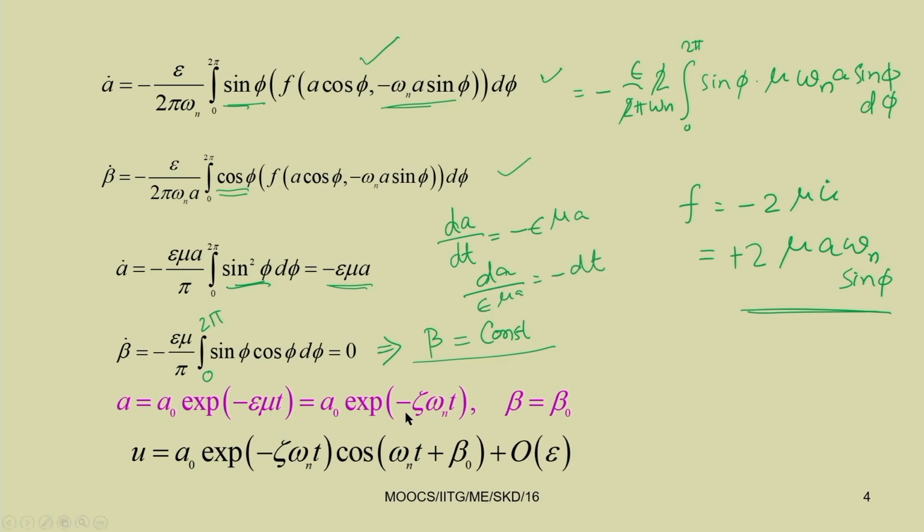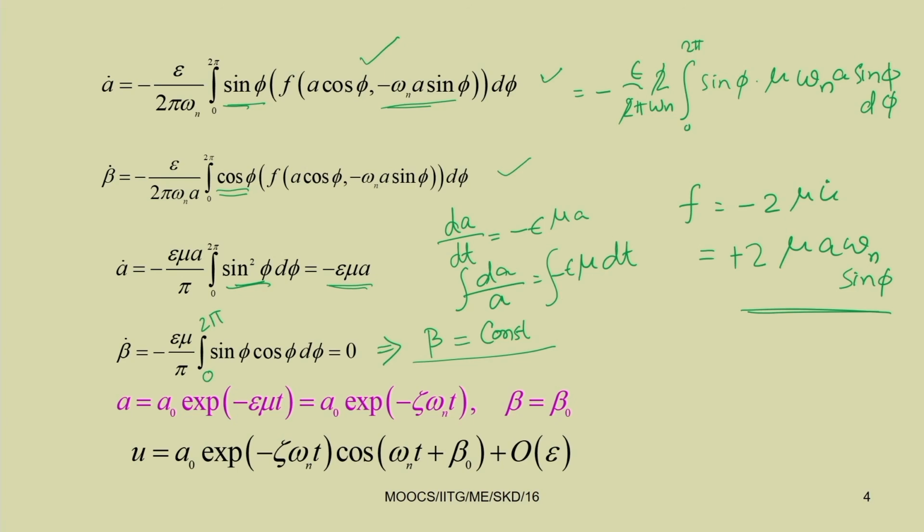Now, integrating both the sides, we can put dA by A equal to minus epsilon mu dt. So, this is ln A on integration of both sides, so ln A equal to minus epsilon mu t.